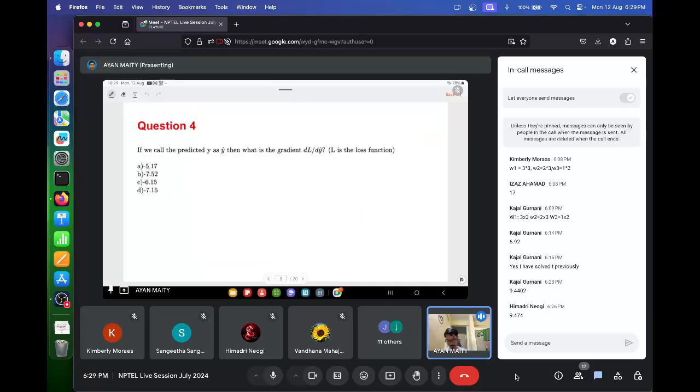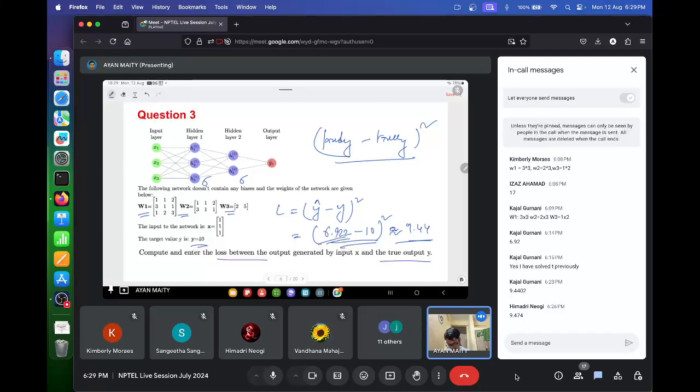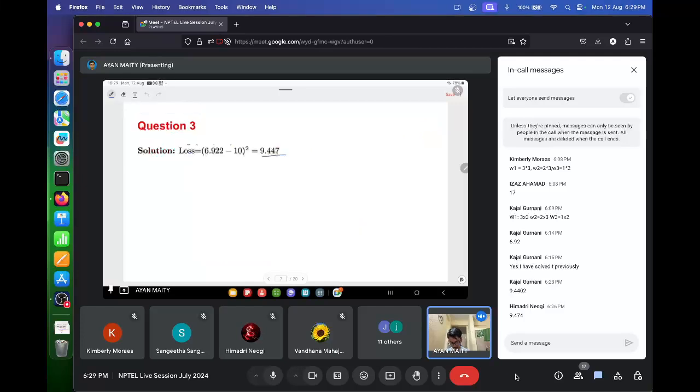Now question 4, again on the same question setup for the same neural network, and also for the same input x and y. If we call the predicted y as y hat, then what is the gradient dL/dy hat? L is the loss function.